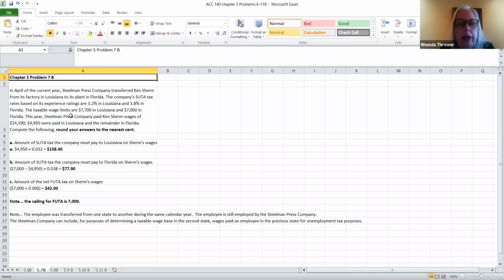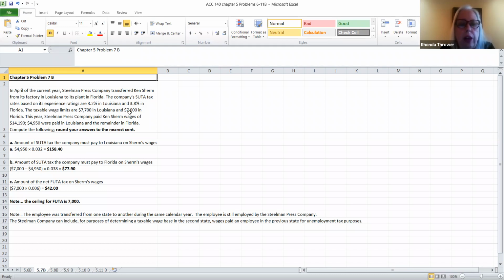The taxable wage limits are $7,700 in Louisiana. This is the ceiling. So employers would not pay taxes on anything above $7,700 in wages that were paid to their employees in the state of Louisiana.